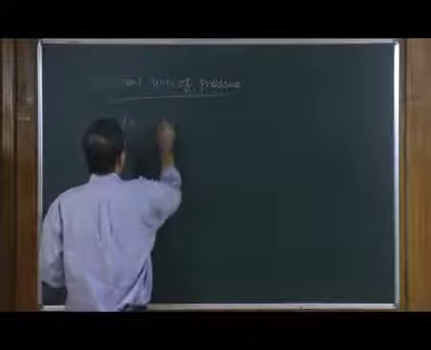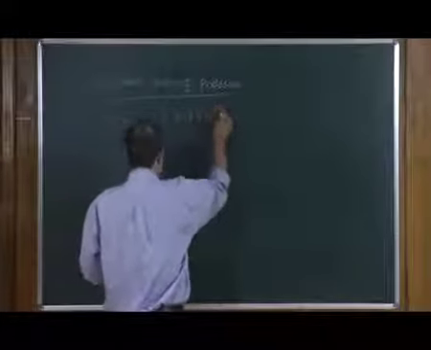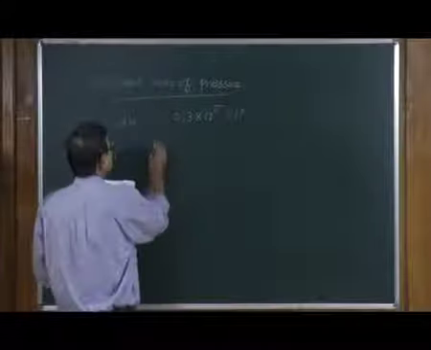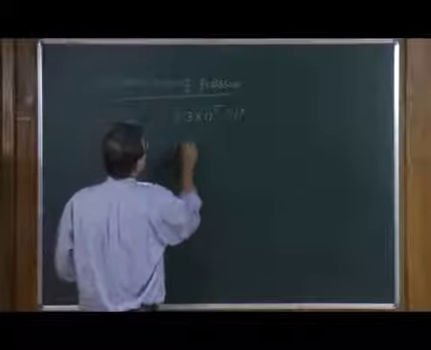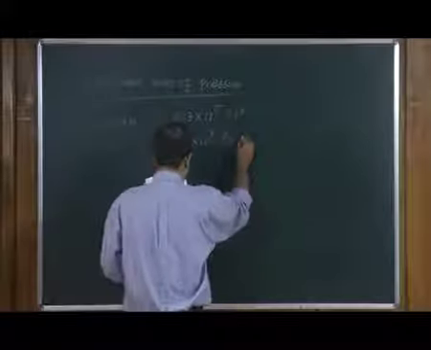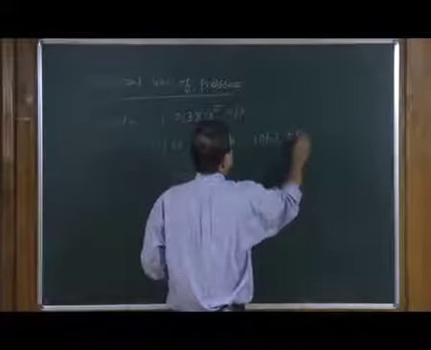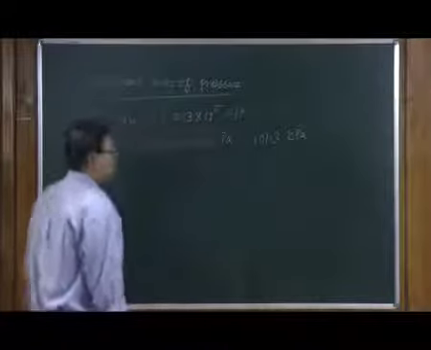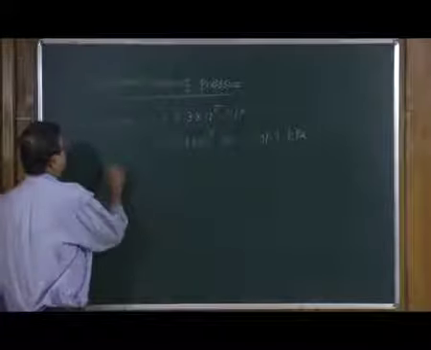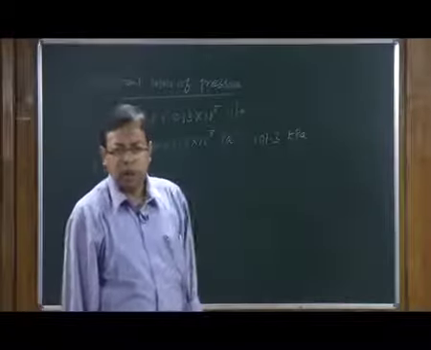It is equal to 1.013 into 10 to the power 5 Newton per meter square, which is also equal to 1.013 into 10 to the power 5 pascals, which is equal to 101.3 kilopascals.